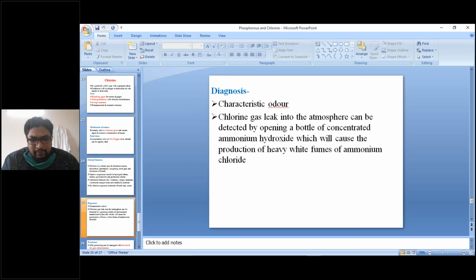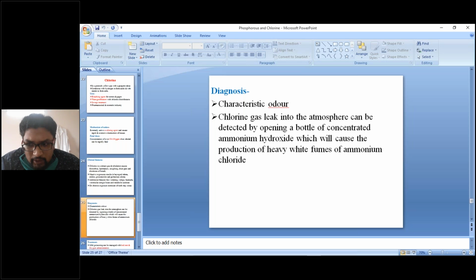Diagnosis is by characteristic pungent odor. A chlorine gas leak into the atmosphere can be detected by opening a bottle of concentrated ammonium hydroxide, which will produce heavy white fumes of ammonium chloride.